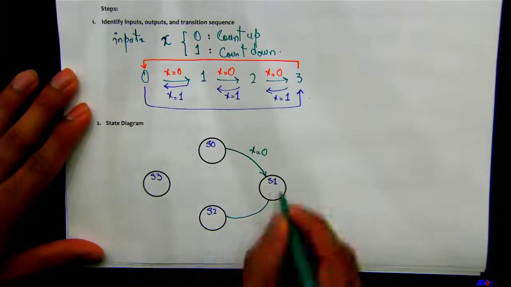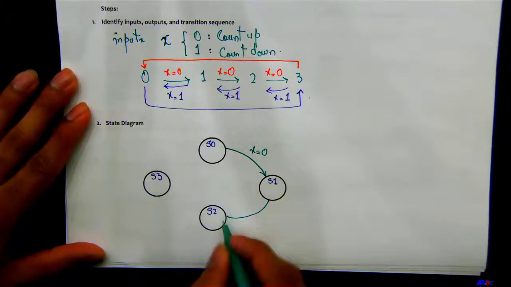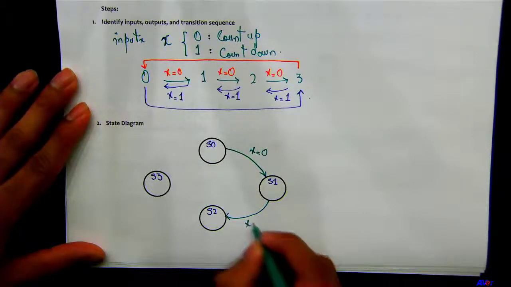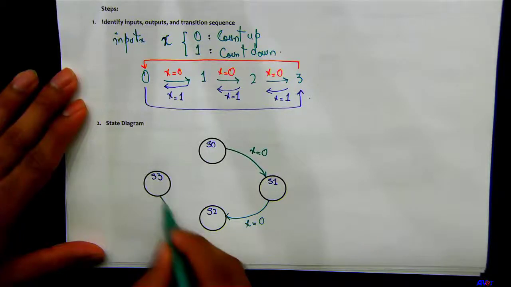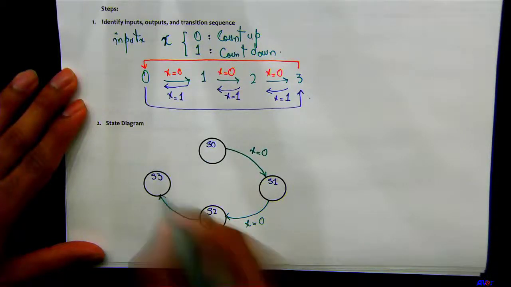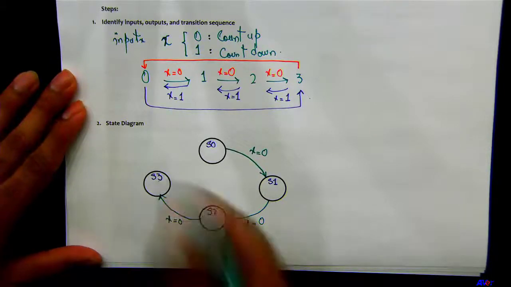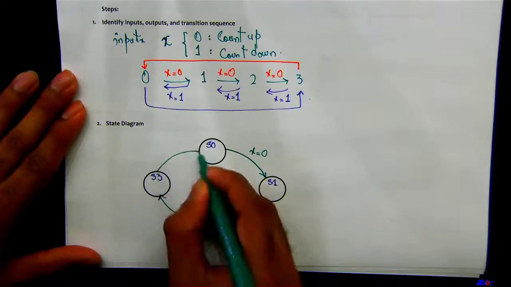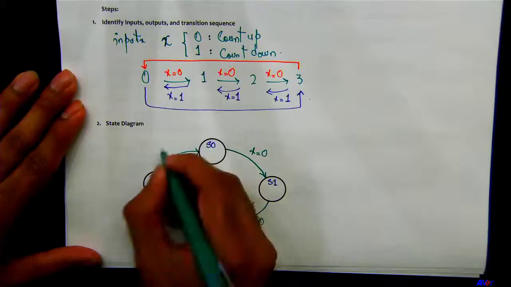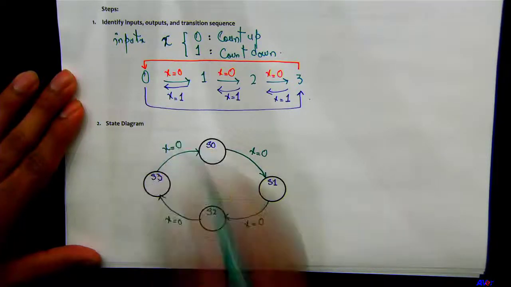If the present state is 1, it's going to go to 2 if X is 0 because it's counting up. Similarly over here, if the present state is S2 and X is 0, it's going to go to S3. And then from S3, it's going to go to S0, which is 0, with X equal to 0.